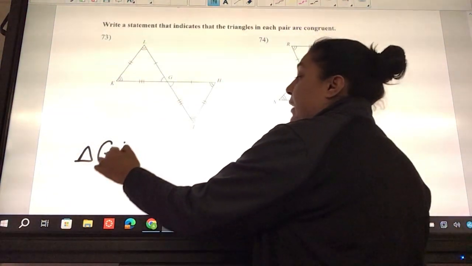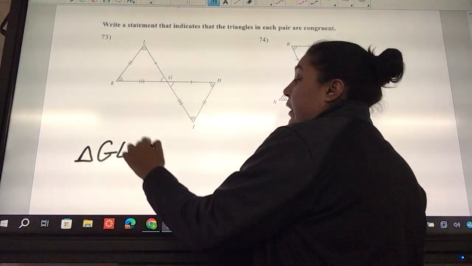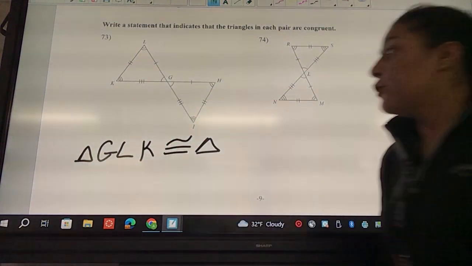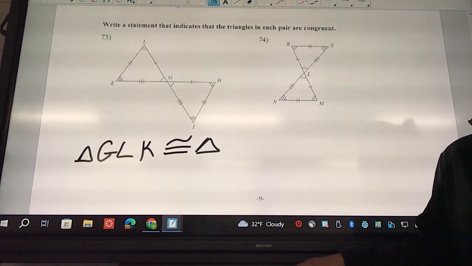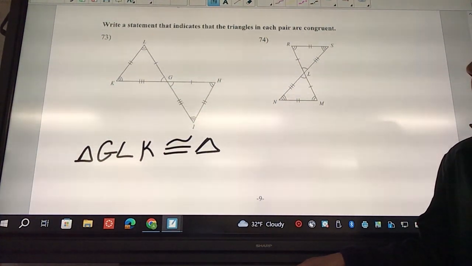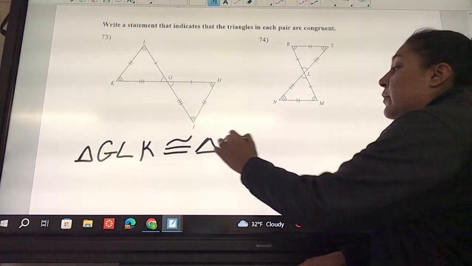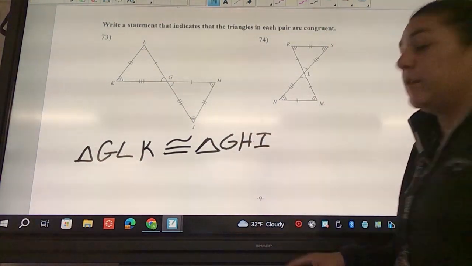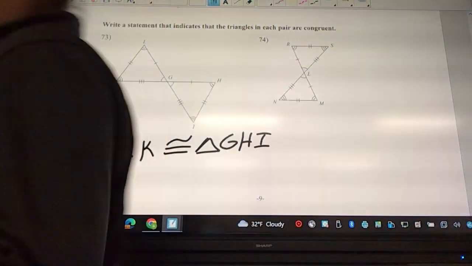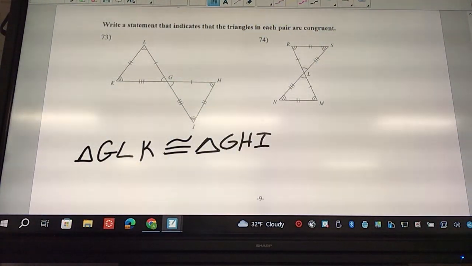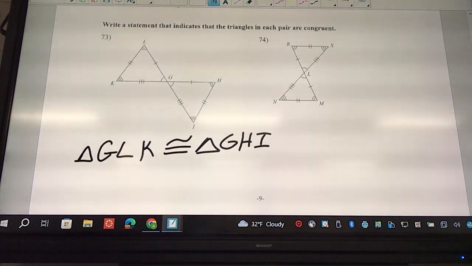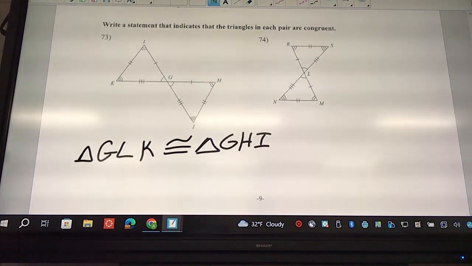L, because it has 2 rainbows, and then K. For triangle 2, which one has 1 rainbow? G. What has 2 rainbows? H, and then I. We got 8 left.